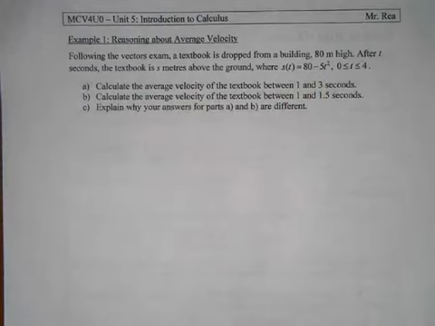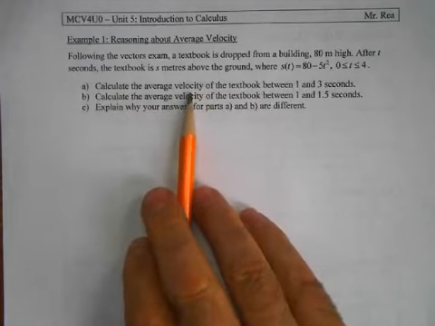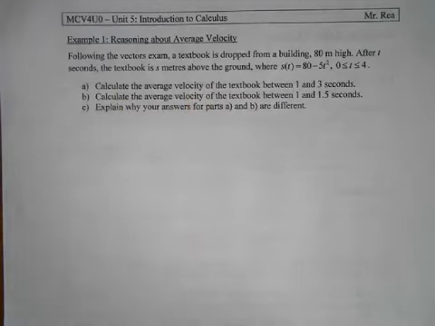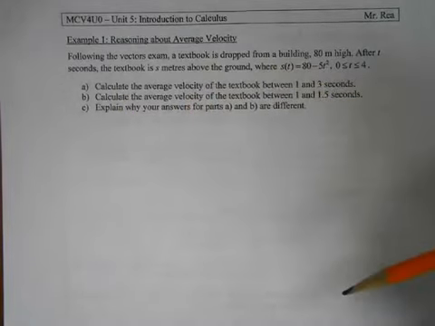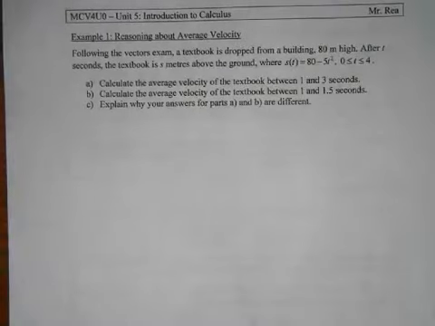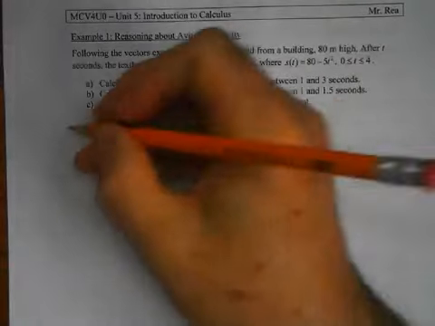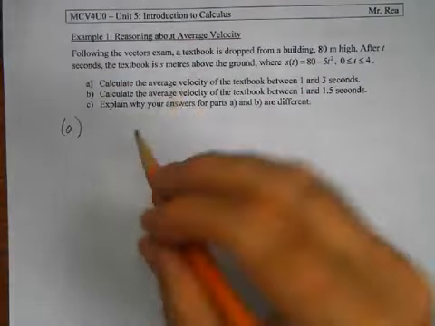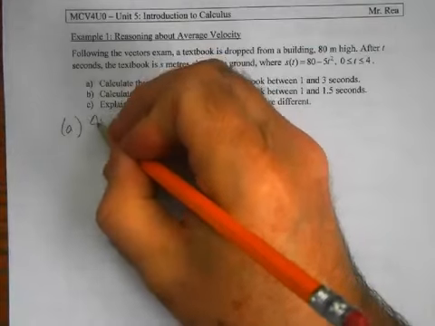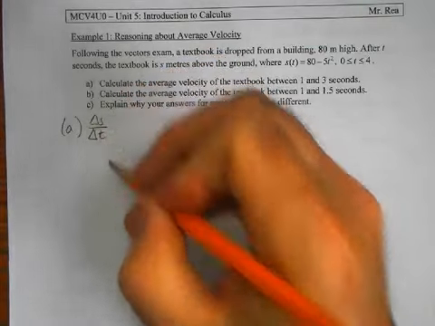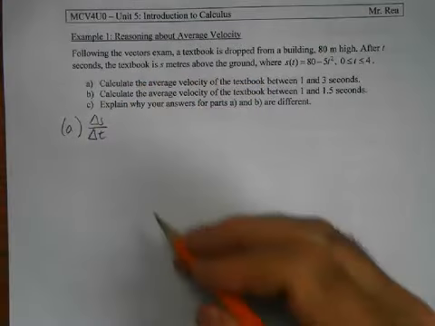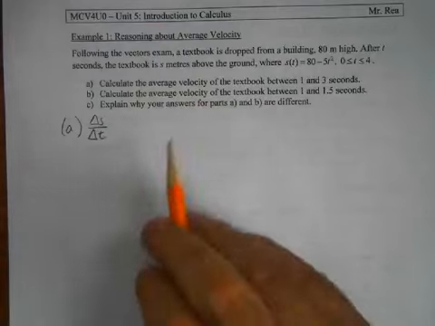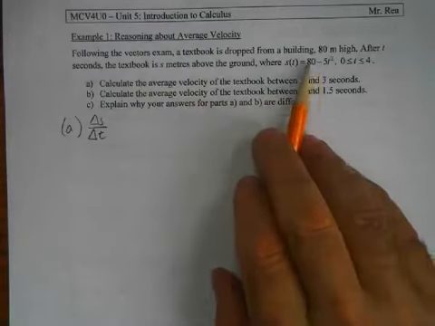Okay, so what we're going to do here are a few calculations. First one, calculate the average velocity of the textbook between 1 and 3 seconds. This is average velocity, so it's the change in the position over the change in the time. This is like using a secant because you've got 2 points that you can calculate from.